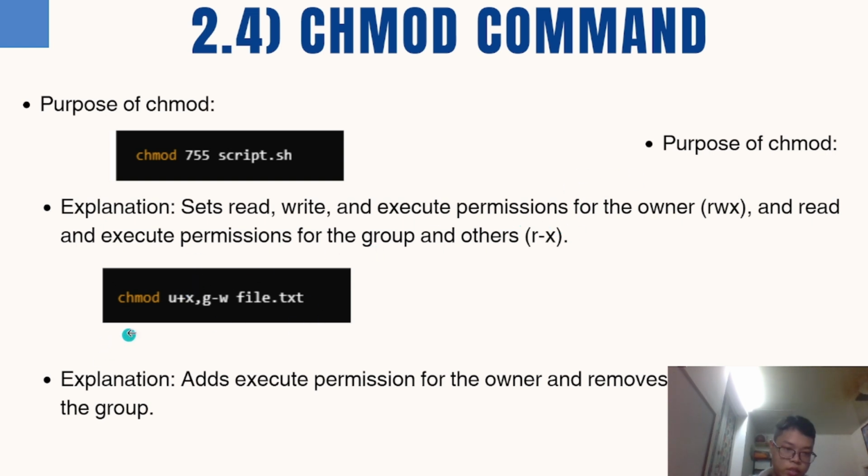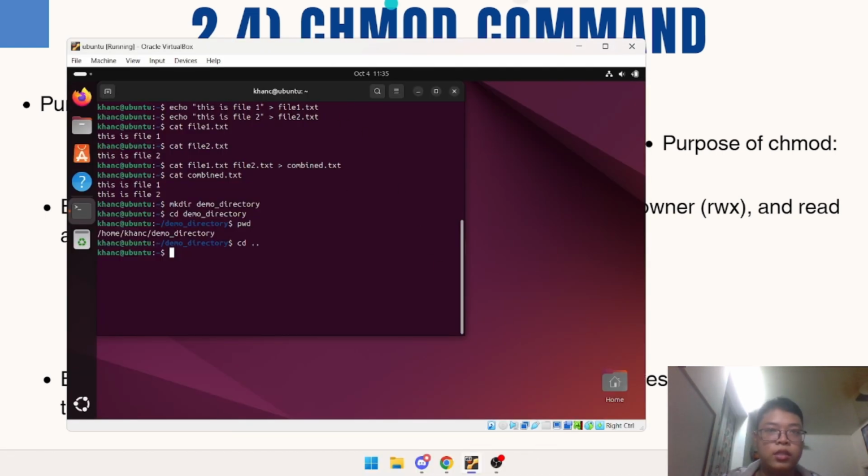And this one is chmod u+x,g-w file.txt, where you add execute permission for the owner and remove write permission for the group. And let's see the demo.